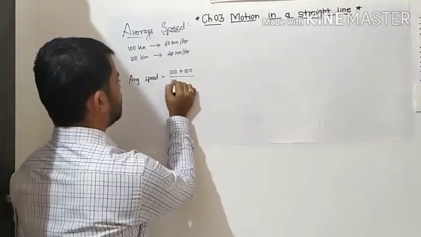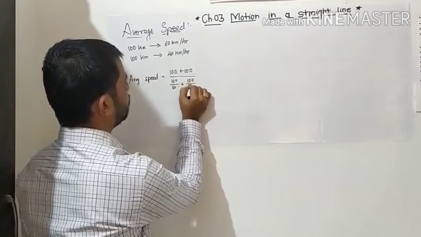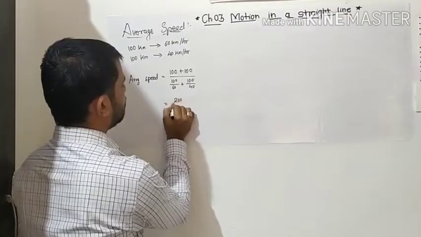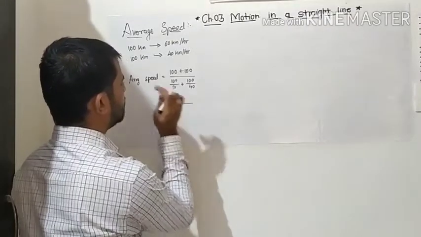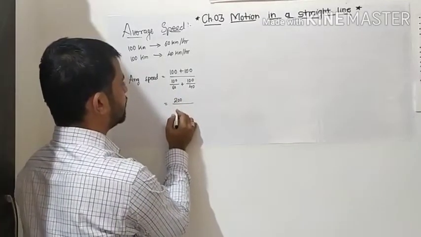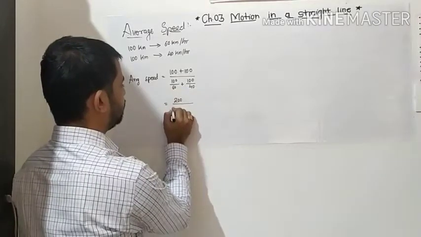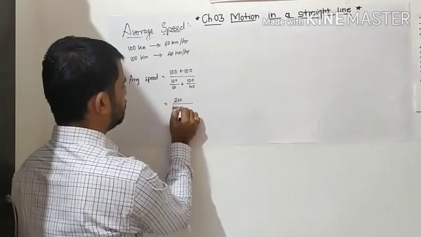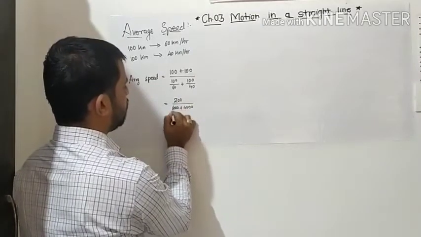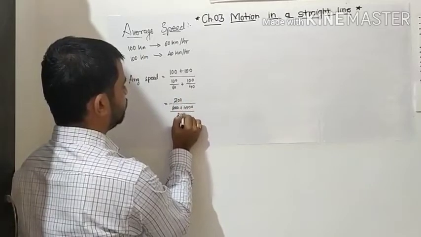So it will be 100 upon 60 plus 100 upon 40. So it will come as 200 upon, if we take the LCM, 60 into 100, that is 600, plus 40 into 100, that is 400, upon 60 into 40, that is 2400.